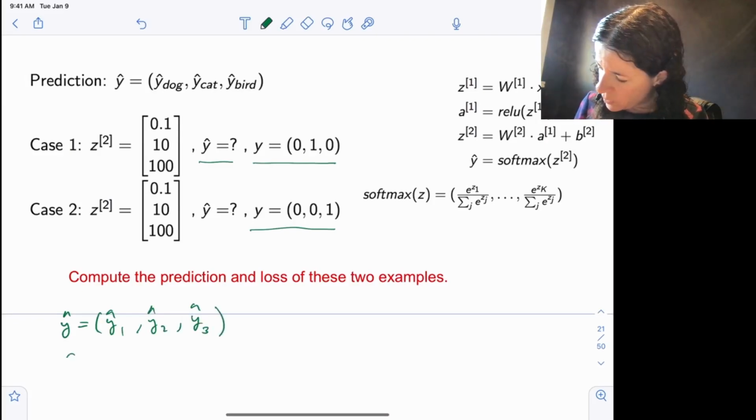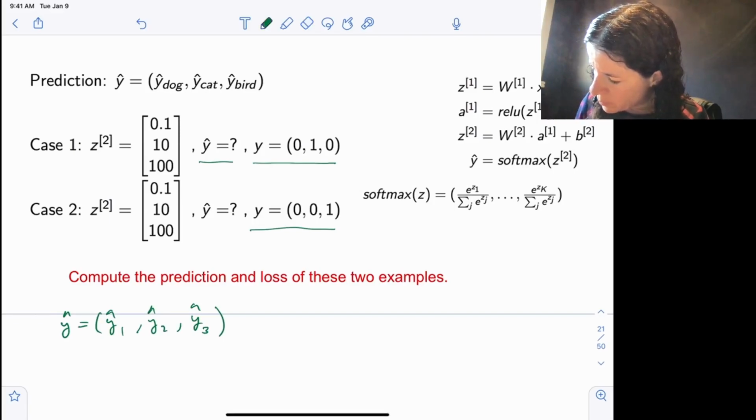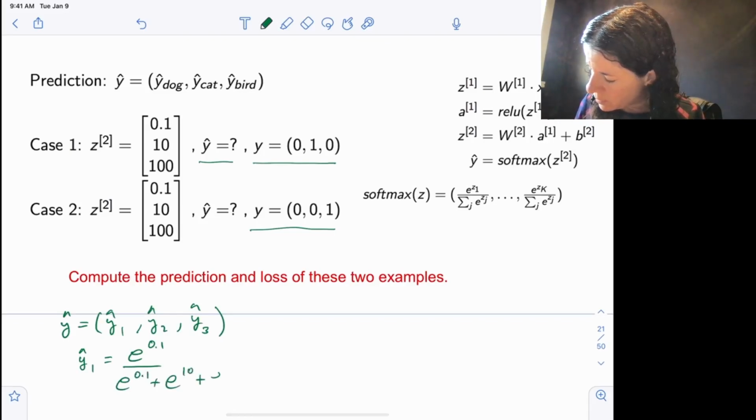In both cases, because the z2 is the same, we're going to get the same probability. So y hat 1 is going to be e to the 0.1 divided by e to the 0.1 plus e to the 10 plus e to the 100.